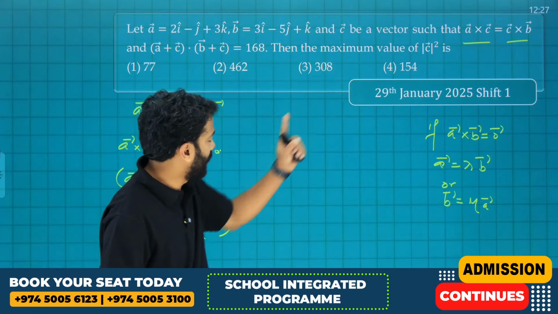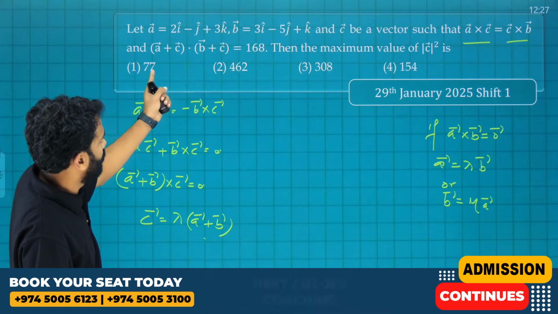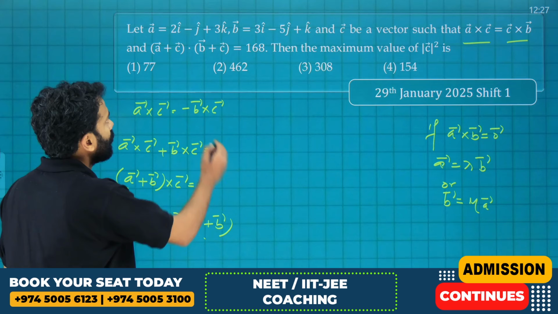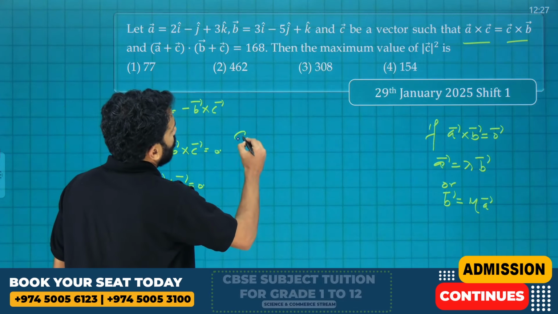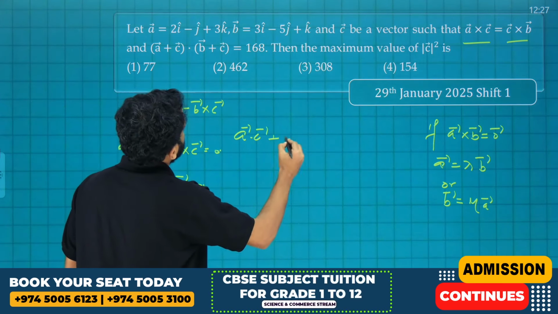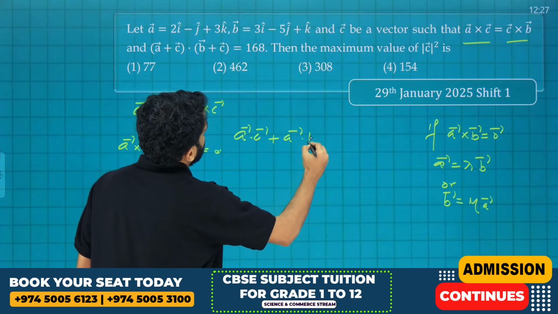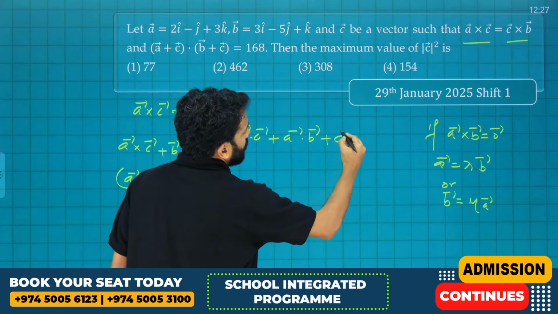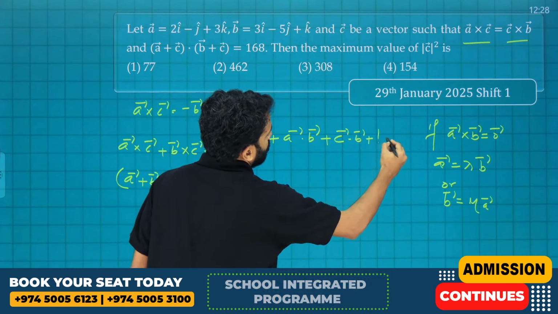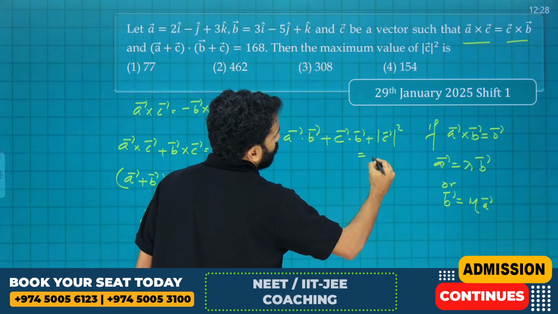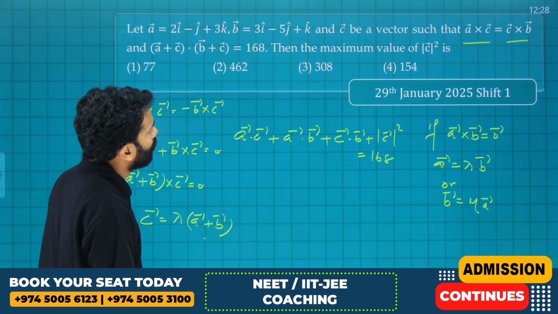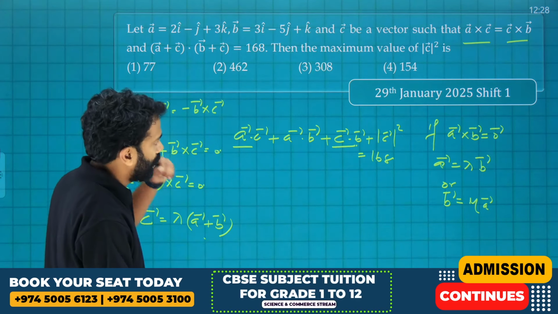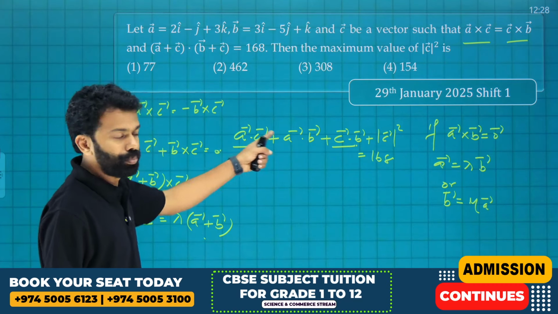The information from this is extracted, and from the next relation, that is (vector A plus vector C) dot (vector B plus vector C) is equal to 168, just open the bracket. You will get vector A dot vector B plus vector A dot vector C plus vector C dot vector B plus magnitude of C square is equal to 168. Vector C is common in the middle terms, and this is a dot product.